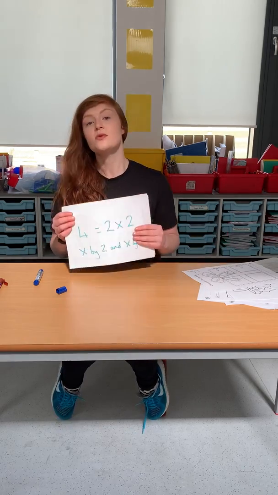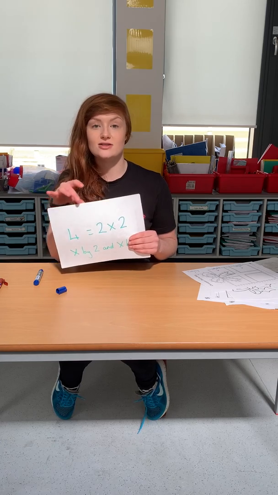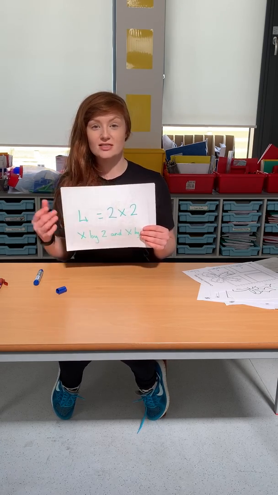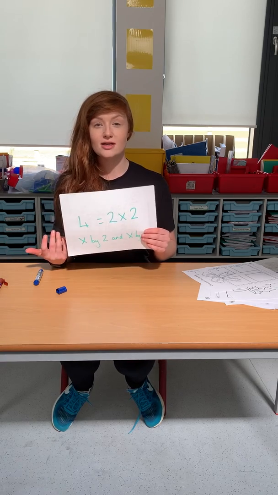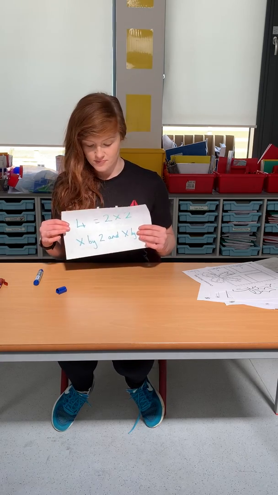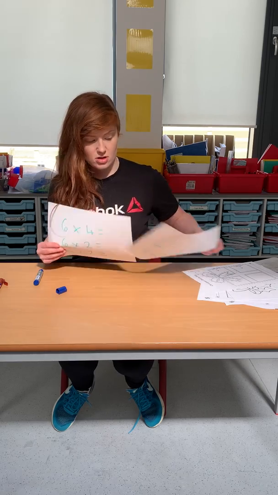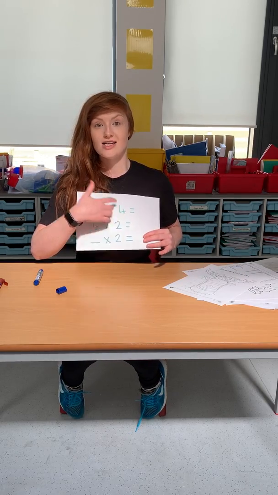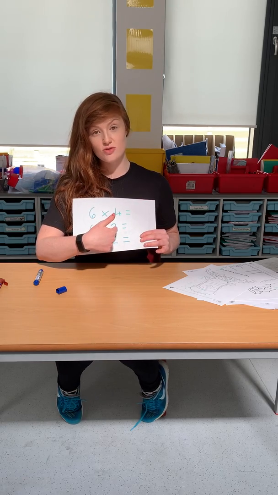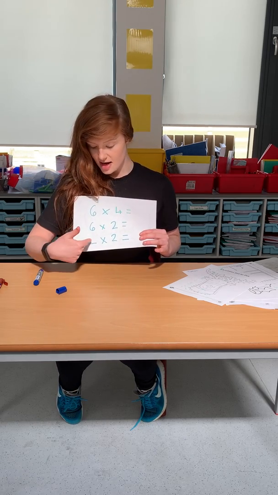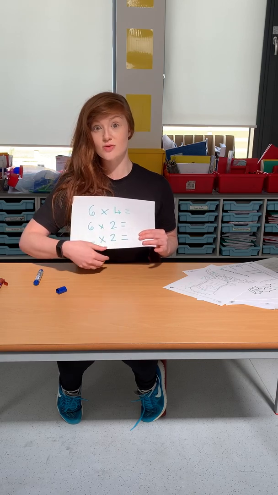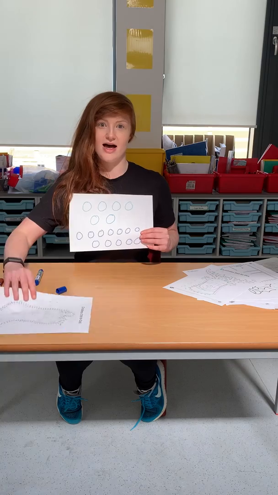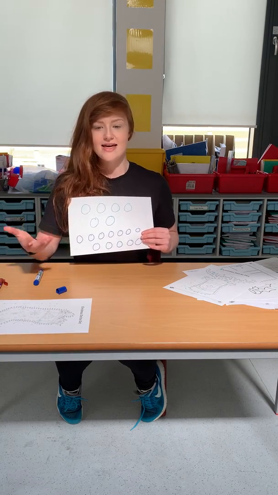So 4 is the same as 2 lots of 2. So when we multiply by 4, we can times the first number by 2 and then times that answer by 2 again. So we can do 6 times 4, and to work that out, we do 6 times 2 and get an answer, and then that answer times 2 again. Instead of trying to work out how to count in 4s, if you can't do it, it's an easier way.